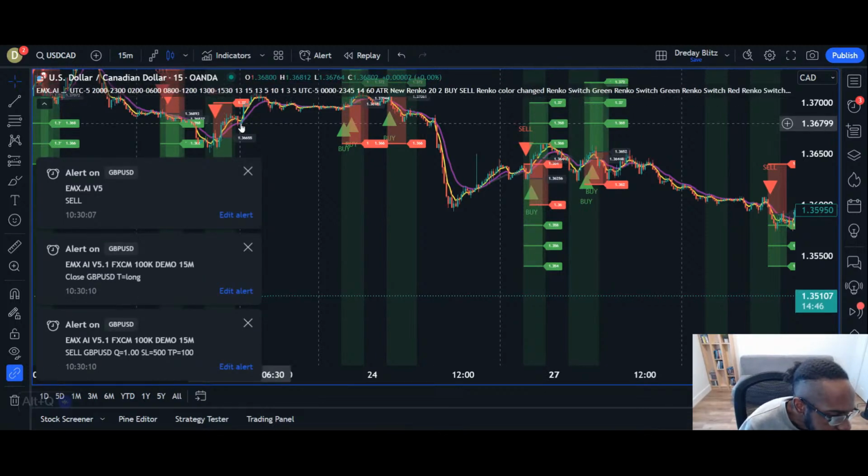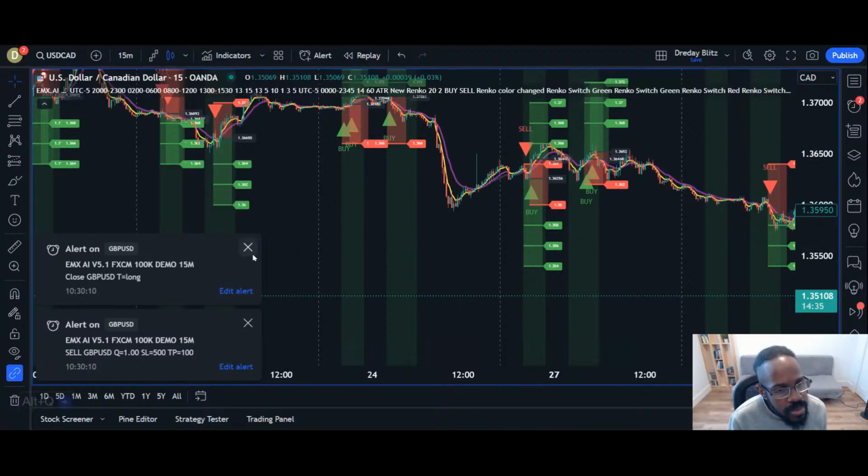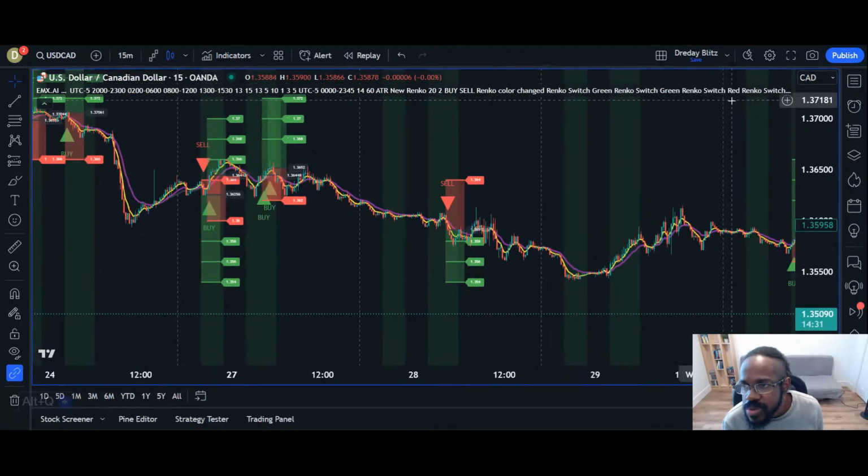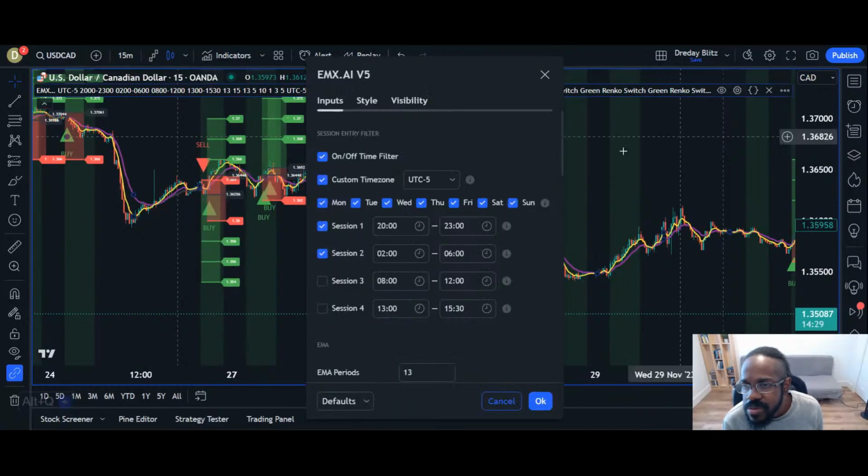So we have a sell on GBPAUD. We'll look into it here in a couple of minutes.